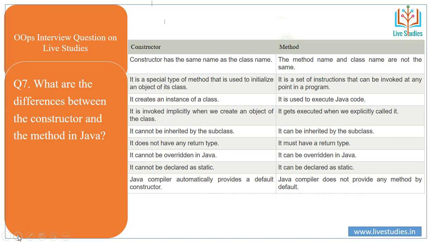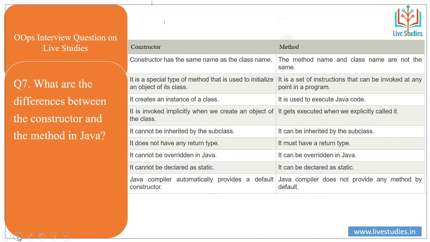Another difference is that a constructor is a special type of method that is used to initialize an object of the class. But a method is a set of instructions that can be invoked at any point in a program.